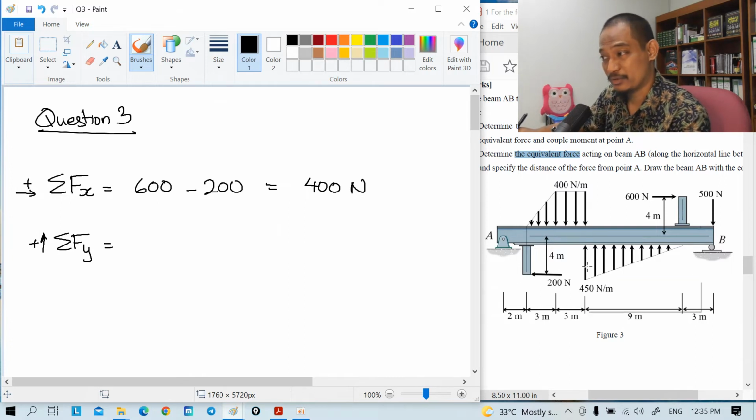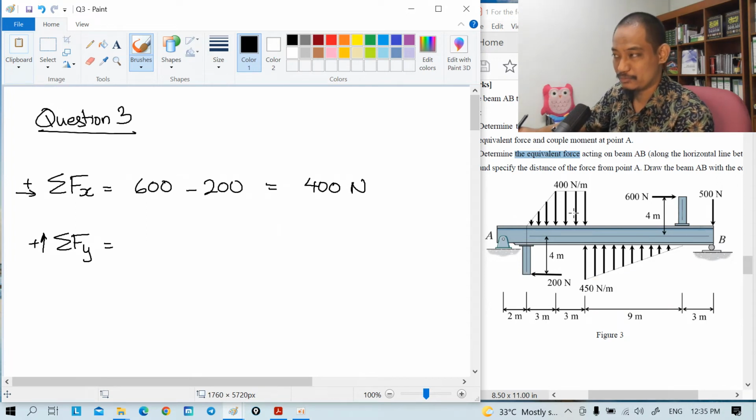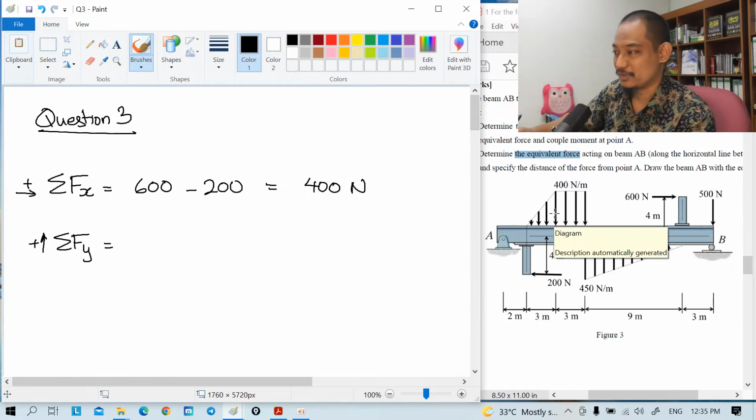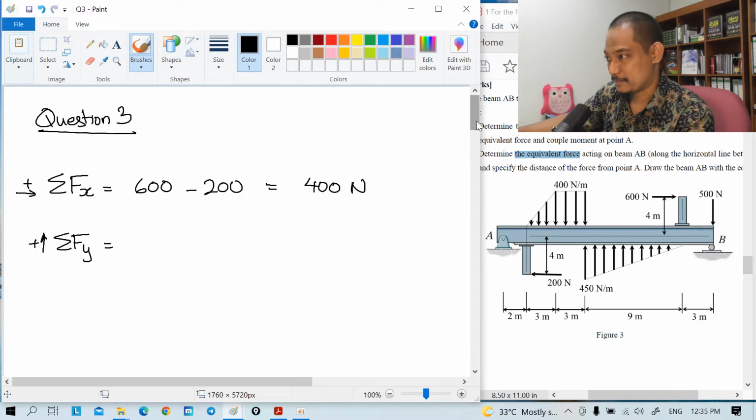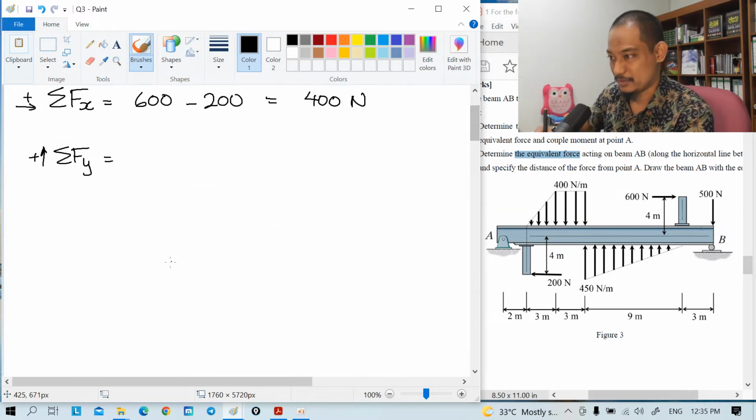To be able to solve this one, we actually have to resolve, or transform, this into a single point load first, right? I haven't done that, so let's do this here.